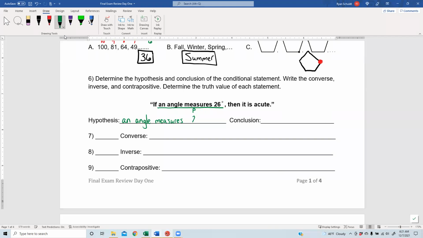Angle measures 26 degrees. Then it is acute. So "it is acute" has to be your conclusion. Again, don't put the "then" as part of your conclusion. It's just, it is acute.